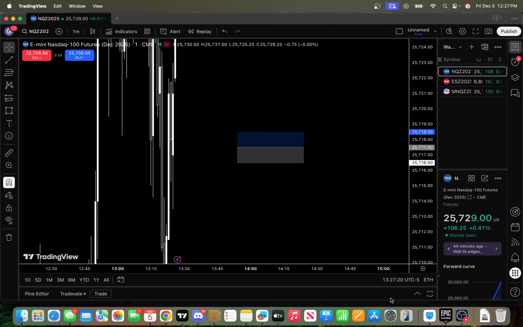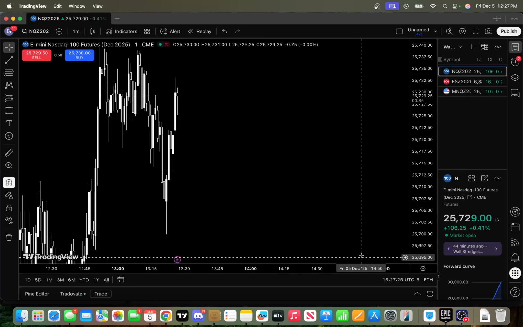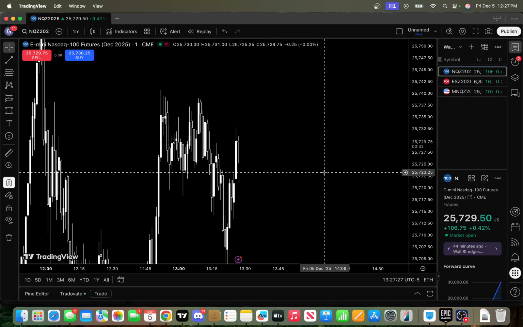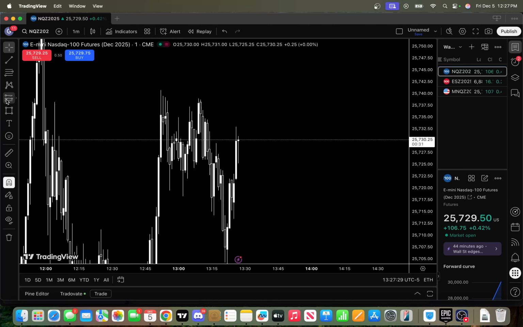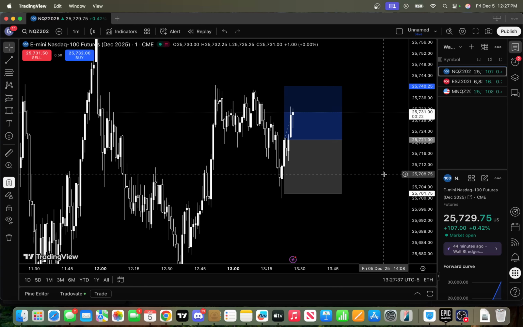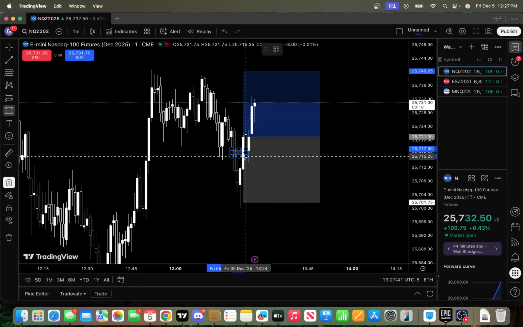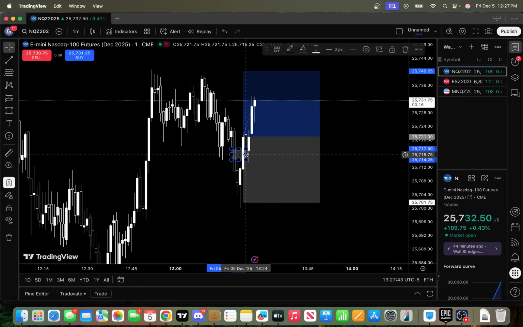Understanding this, now let's look at an example of where I want to take a trade. Let's say I wanted to take this inversion here. Here's a fair value gap, we inverse it. This is technically an entry for a long.